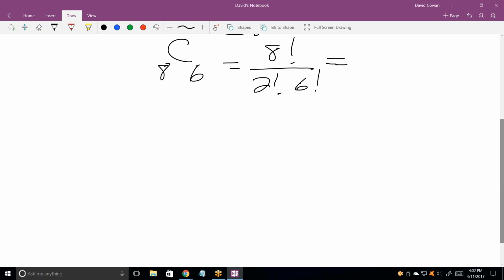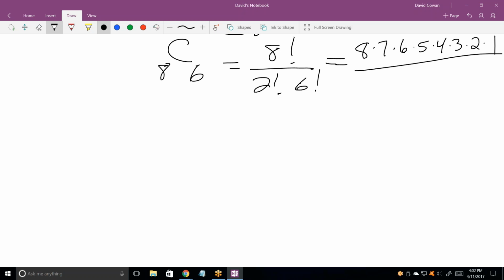What is 8 factorial? 8 times 7 times 6 times 5 times 4 times 3 times 2 times 1. Doesn't matter, we could leave the 1 off. Over 6 factorial times 2 factorial.